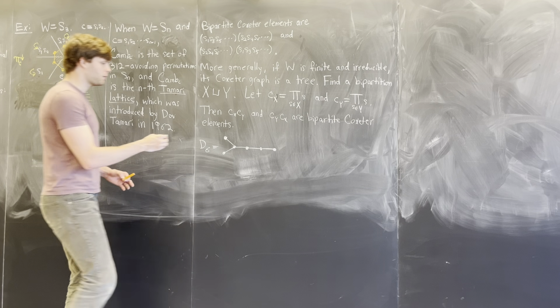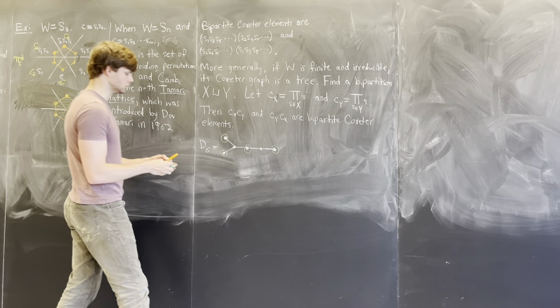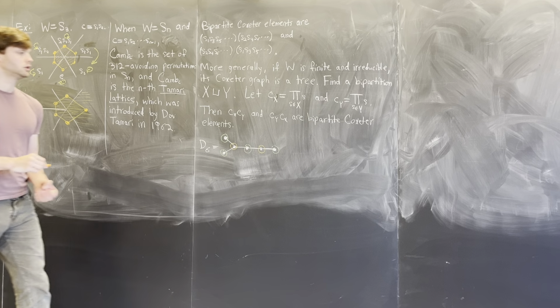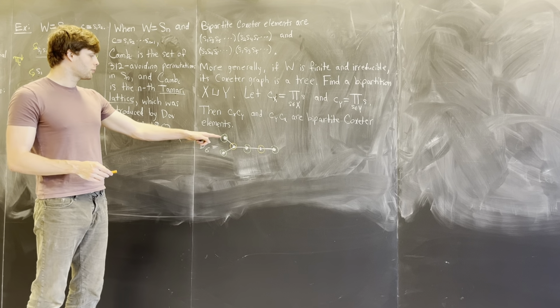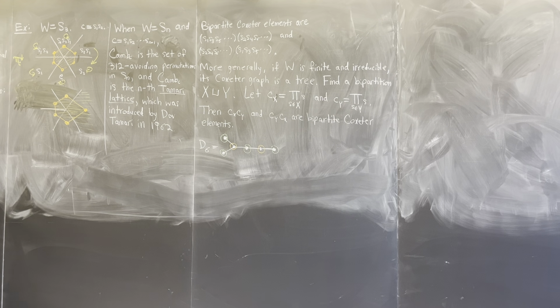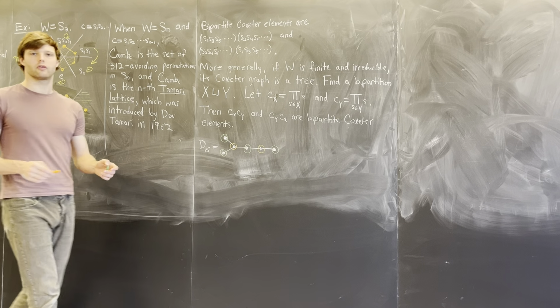I could say, okay, maybe this is one set, and this is the other set. And basically all I'm saying is I write down the product of the green simple reflections, right? So each vertex corresponds to a simple reflection. So I write down the product of the green simple reflections and then the product of the orange ones.